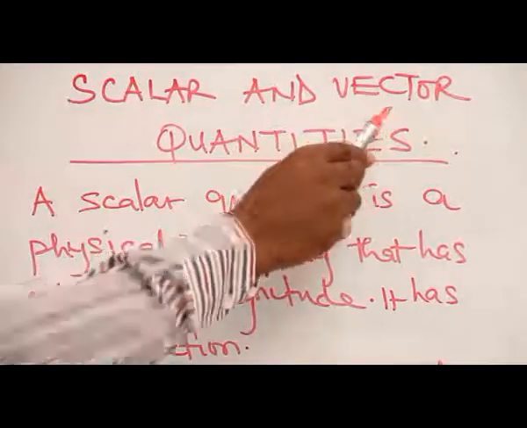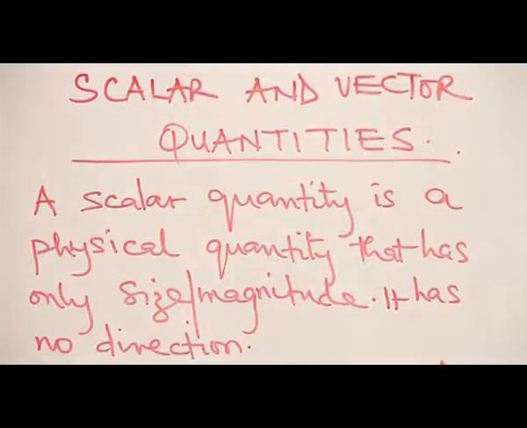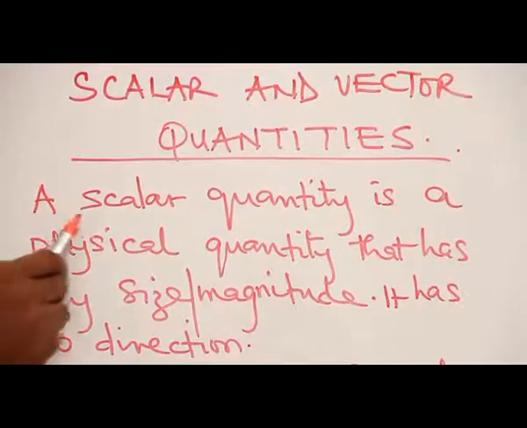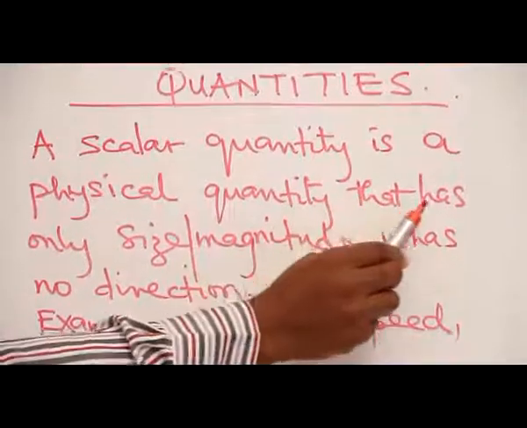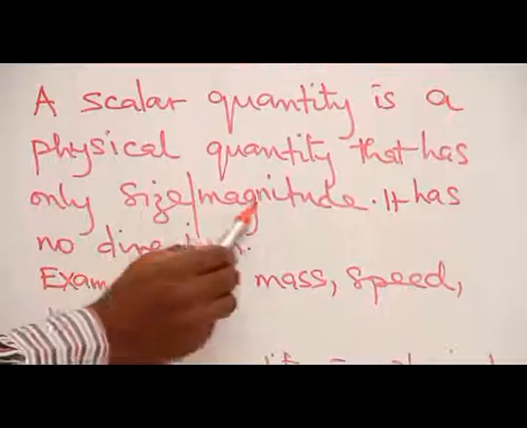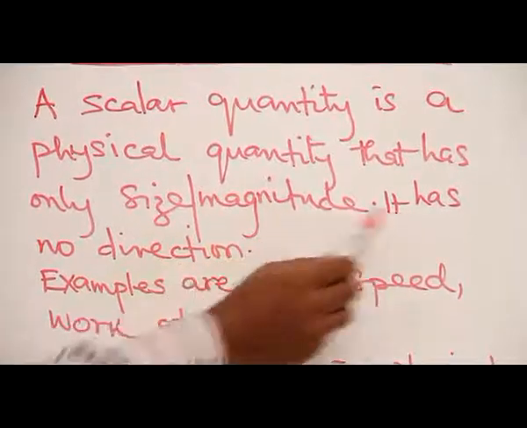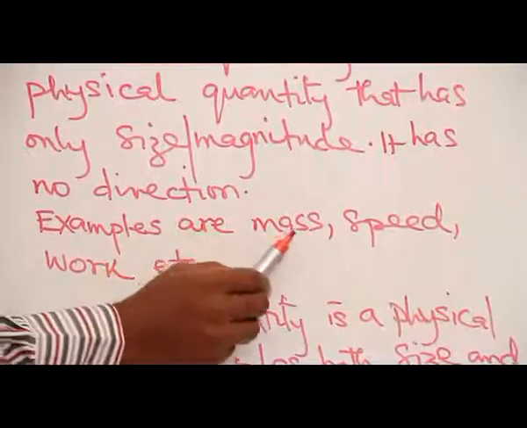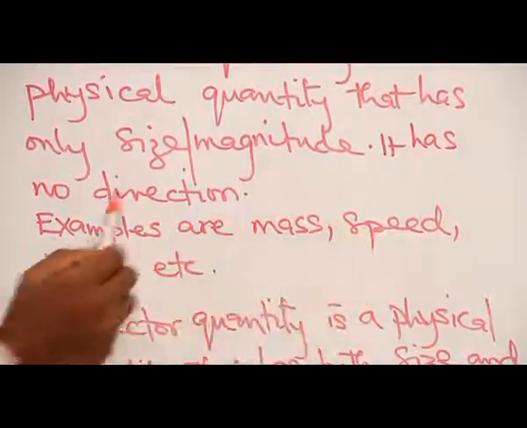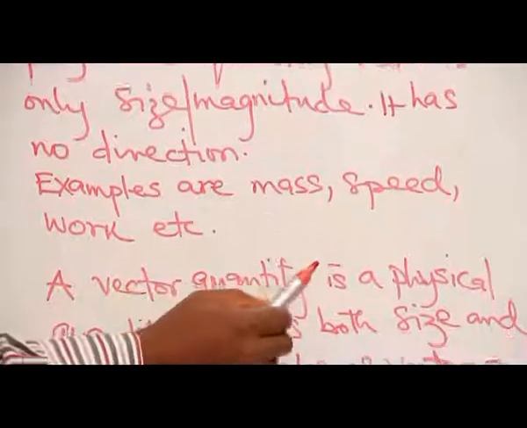Scalar and vector quantities. A scalar quantity is a physical quantity that has only size or magnitude. It has no direction. Examples are mass, speed, work, among others.